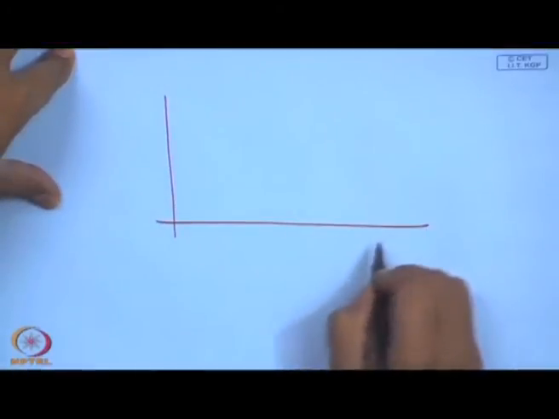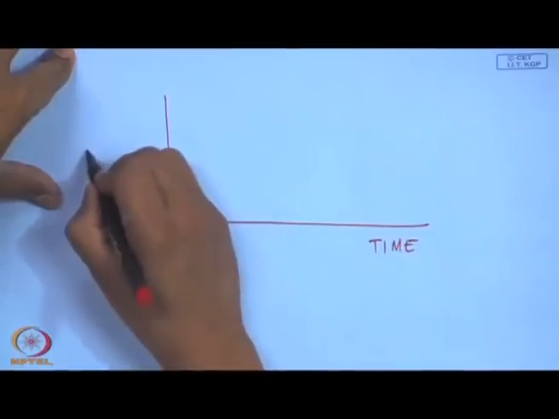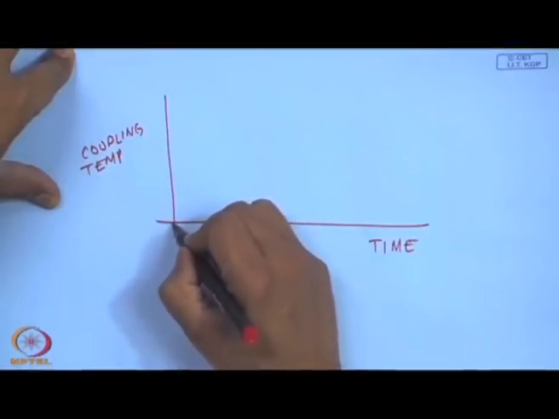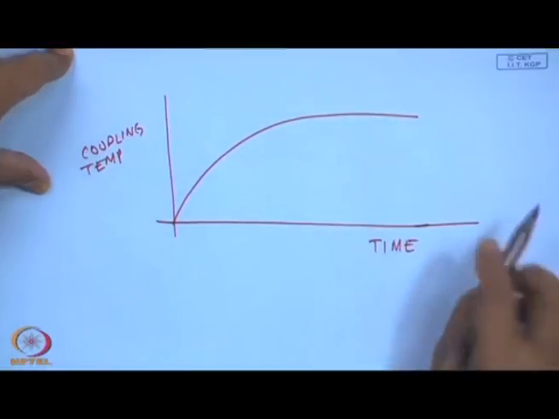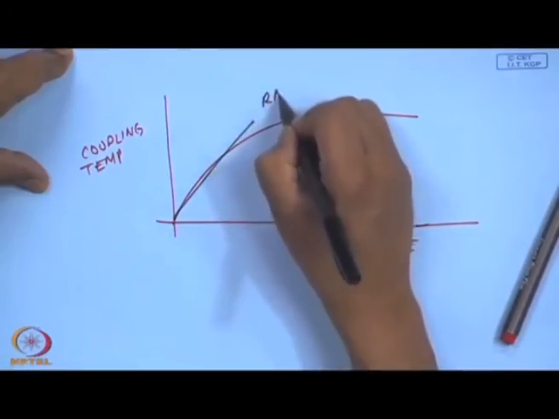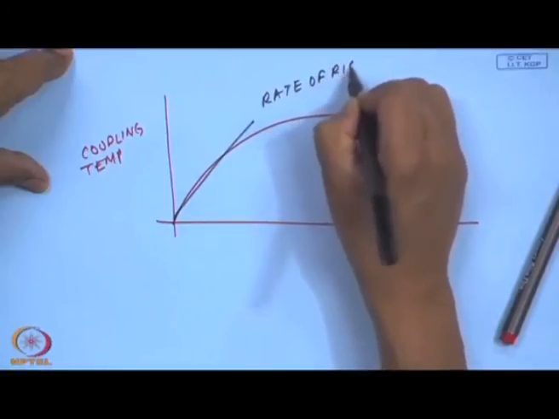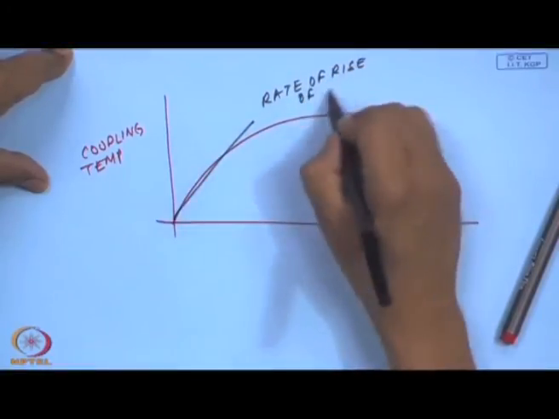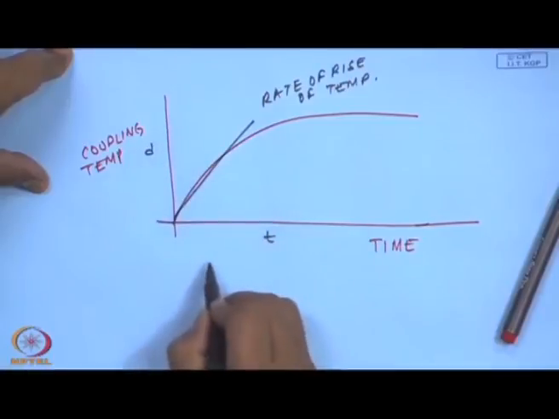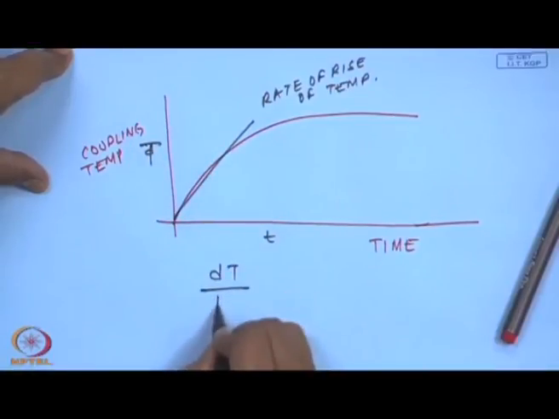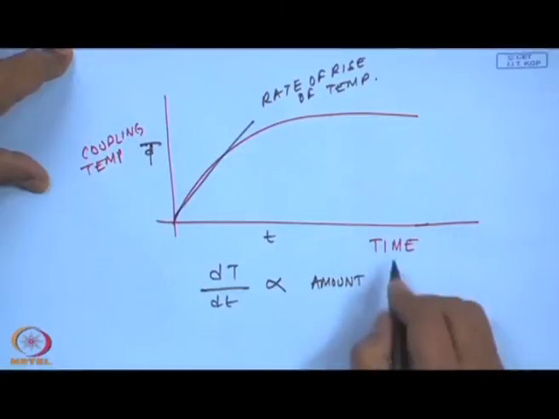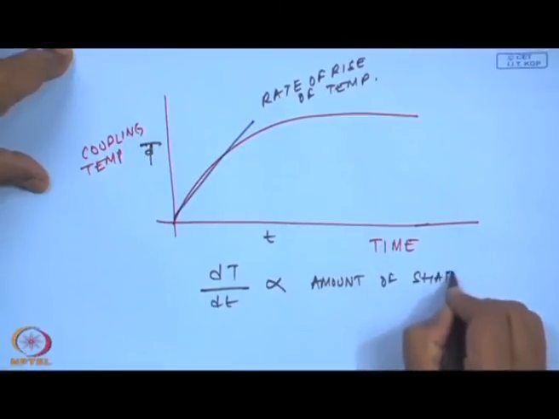So, if somehow by IR image I can record the coupling temperature, and this will follow an exponential curve, being a first order system, the rate of rise of this temperature, dT, this is capital T, will be proportional to the amount of shaft misalignment.